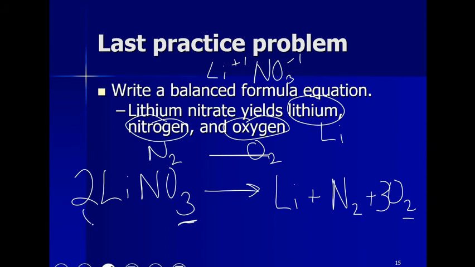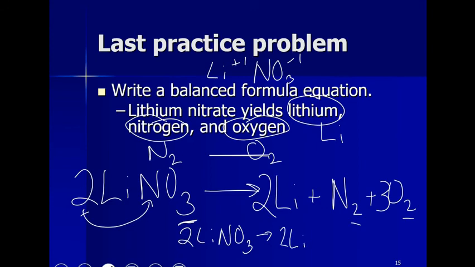Well, here I have 2 nitrogens, 2 lithiums, so I need to put a 2 there. So my balanced equation is 2LiNO3 yields 2Li plus N2 plus 3O2.